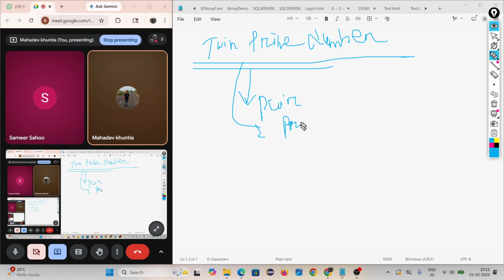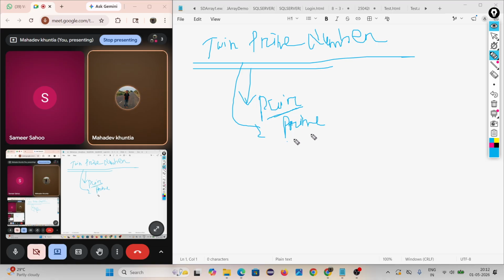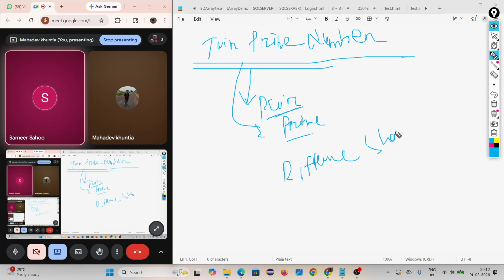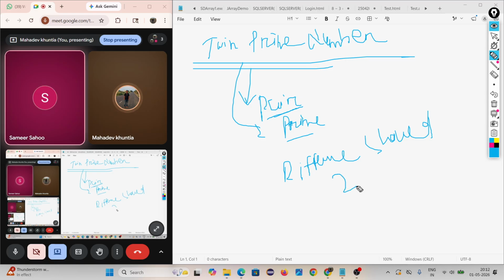The difference should be 2. If any 2 prime numbers have a difference of 2, then I can say they are twin primes. You understand?